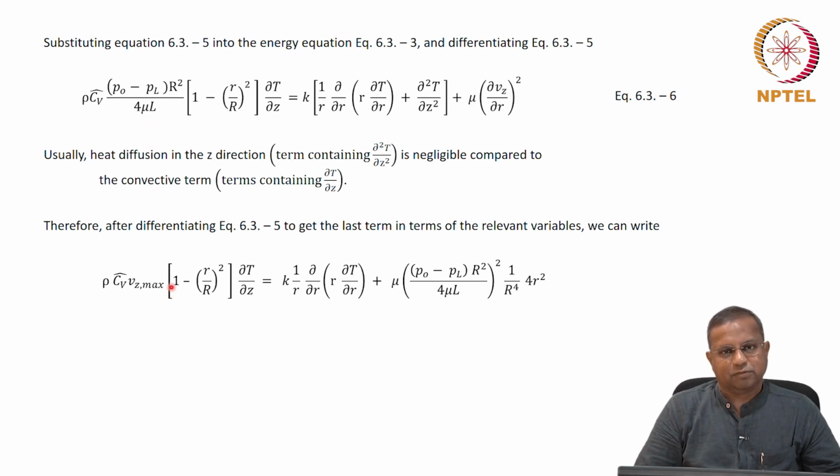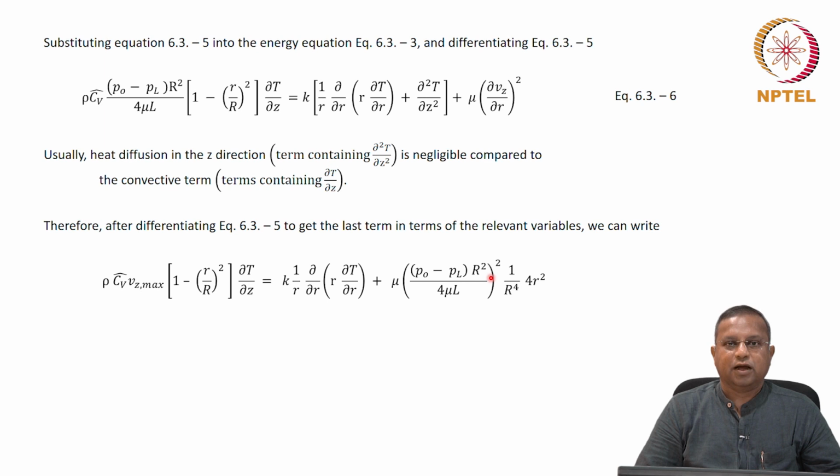Go back to your momentum balance notes on the laminar flow situation to find that out. 1 minus R by R squared, of course, dou T dou Z equals K 1 by R dou R of R dou T dou R. This term, of course, we have neglected in comparison to this term, plus we had an expression for Vz, which we had differentiated. If you differentiate and then substitute here, please do that and check yourself.